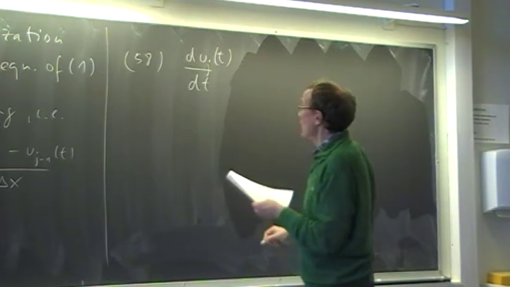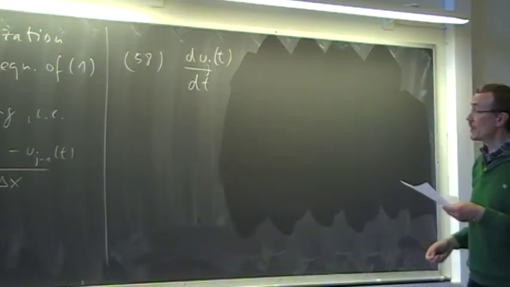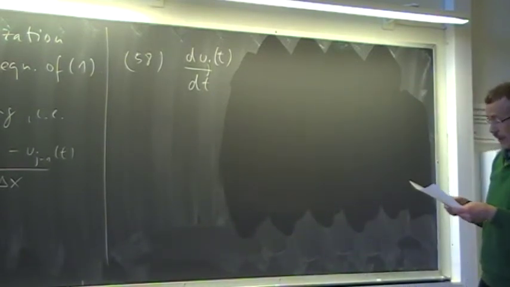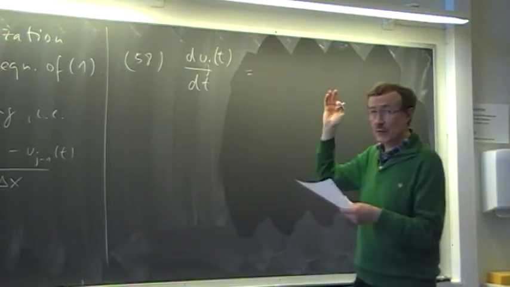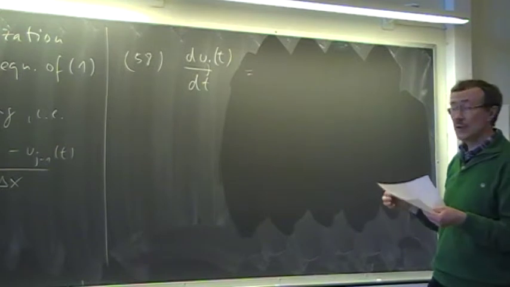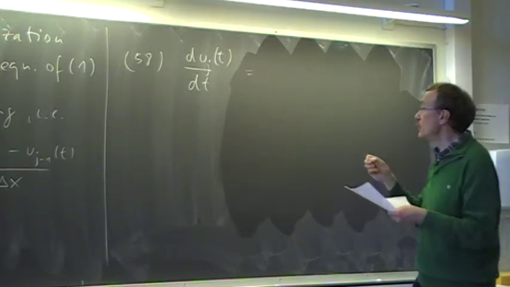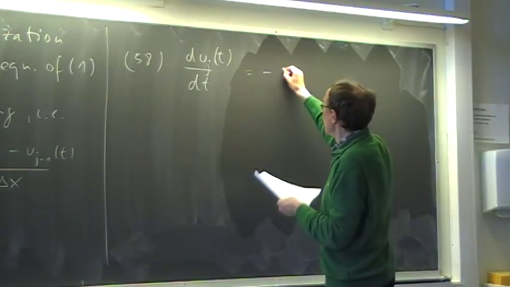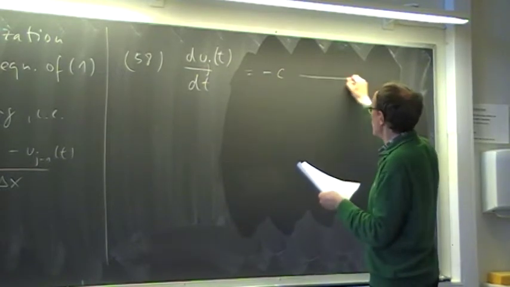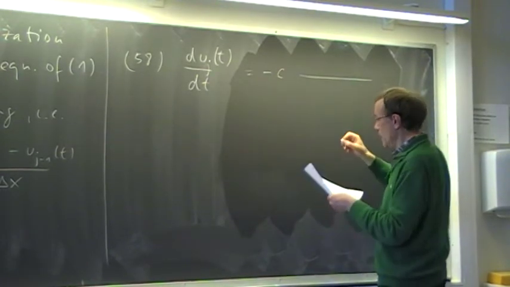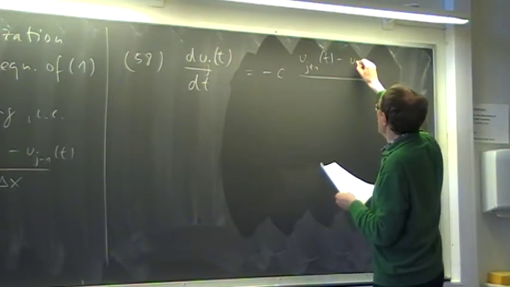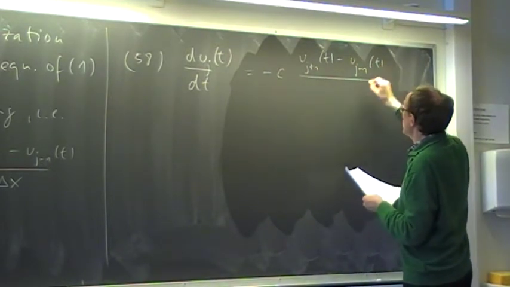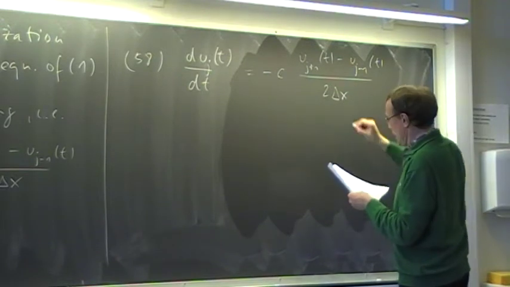So we get then the time derivative at grid point xj, and then we write the rest on the right hand side, and that is then the discretization of minus c du dx. And then we use the approximation that we have written there: uj plus 1 of t minus uj minus 1 of t divided by 2 delta x.